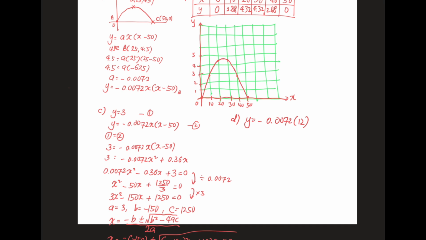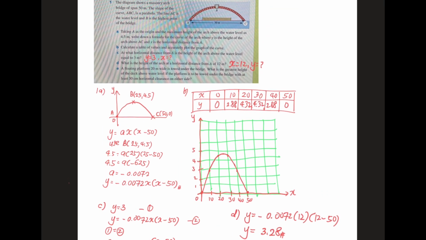Equation D, y equal to minus 0.0072 times 12, and then 12 minus 50. Then I can check with calculator. So I get 3.28.